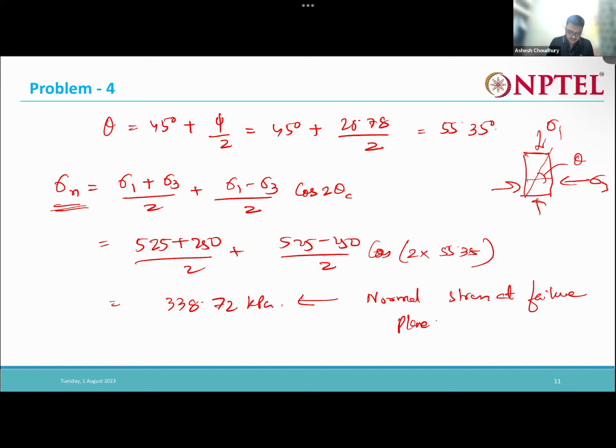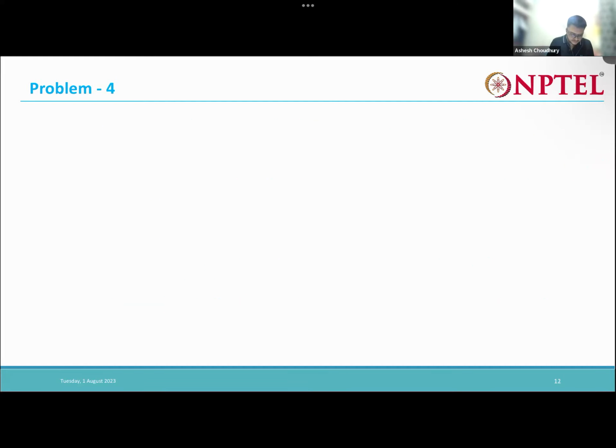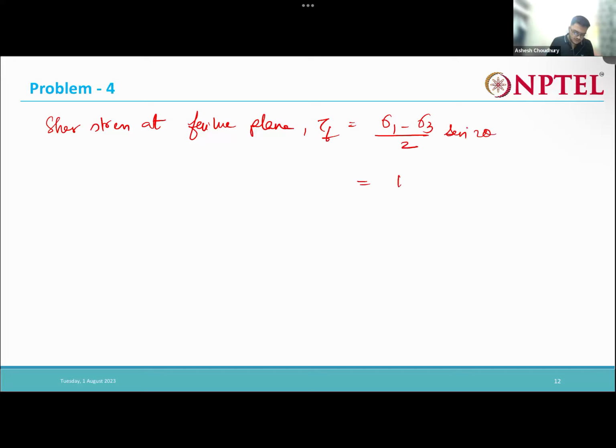First, the shear stress at the failure plane. The shear stress at the failure plane is tau f equals (sigma 1 minus sigma 3) by 2 sin 2 theta. If we put in all the values, it will be 128 point something. Now this is the shear stress at the failure plane.